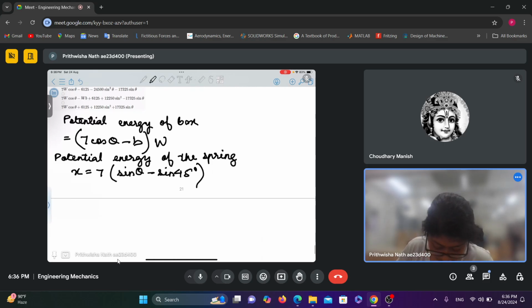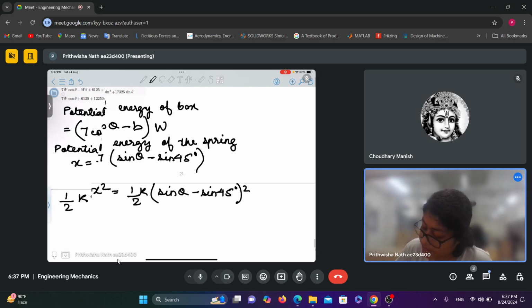Therefore, the potential energy in the spring will be half k x square, that is half k 7 square (sine theta minus sine 45 degree) whole square.